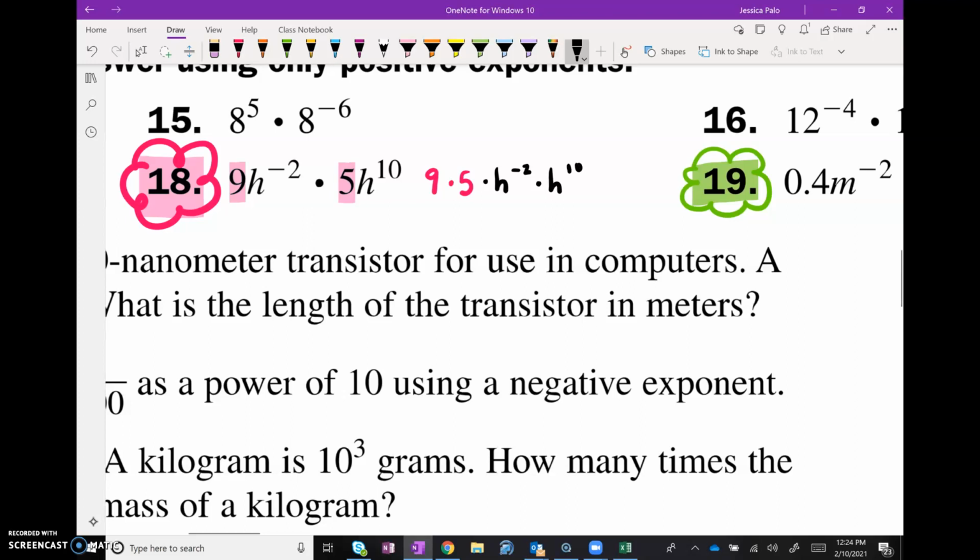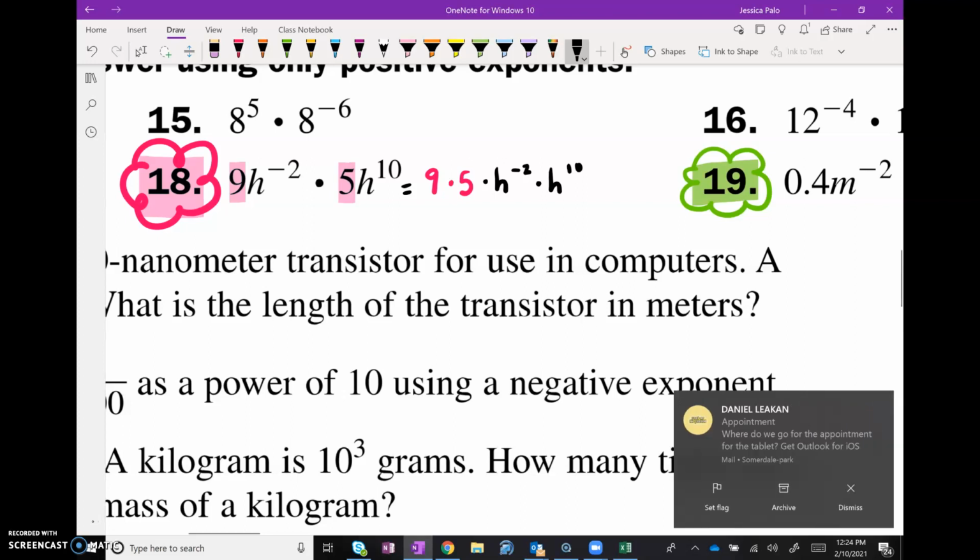So we took 9h to the negative second times 5h to the 10th and rewrote it as 9 times 5 times h to the negative second times h to the 10th power.